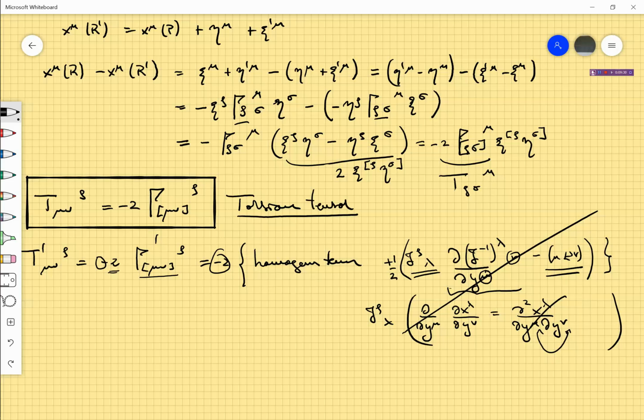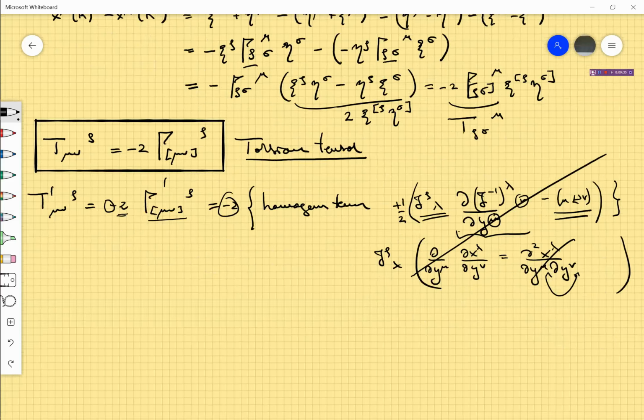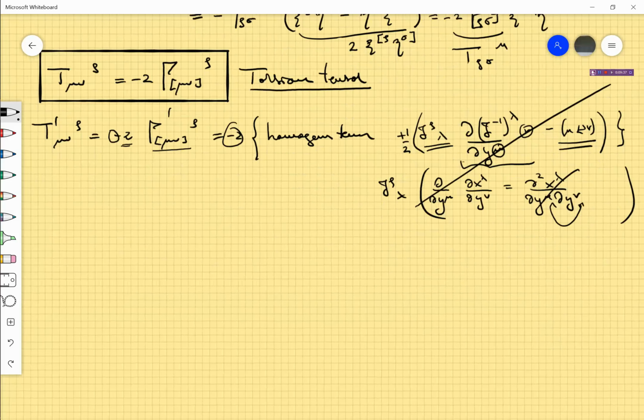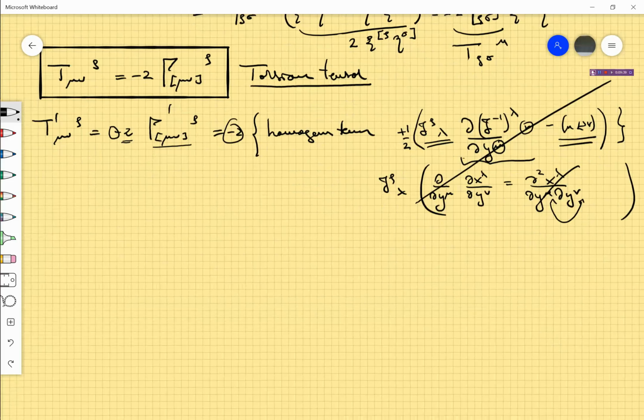Okay, an important tensor. There's another way of obtaining this tensor, which is very interesting and simple, and which also helps you to prove that it transforms as a tensor, in spite of the fact that it depends in this way on the connection. This way consists in computing the commutator of two covariant derivatives acting on a scalar function.